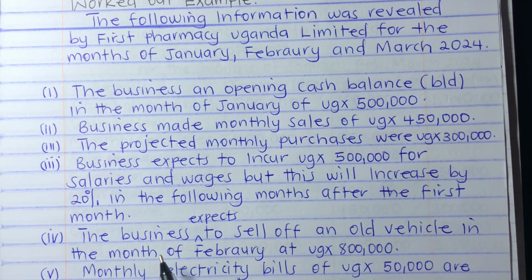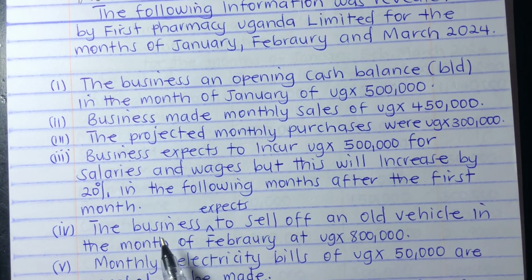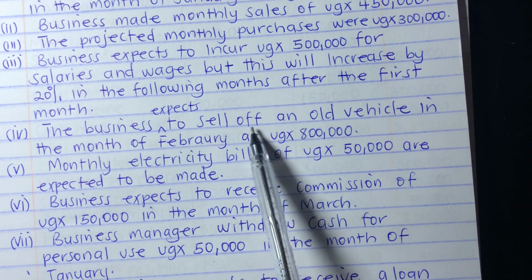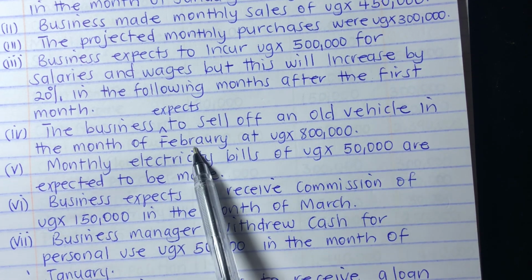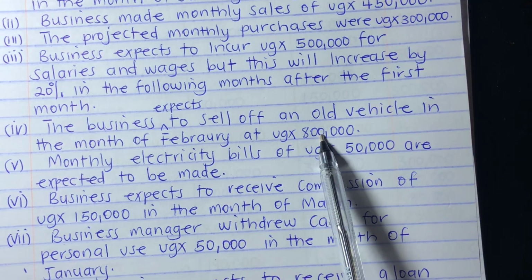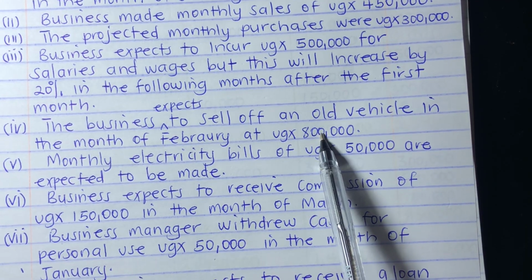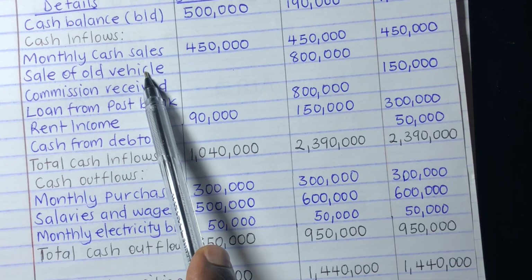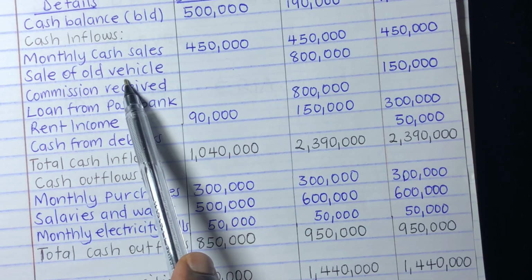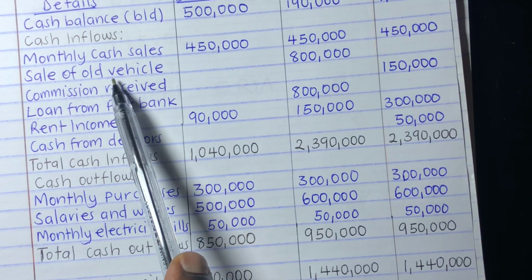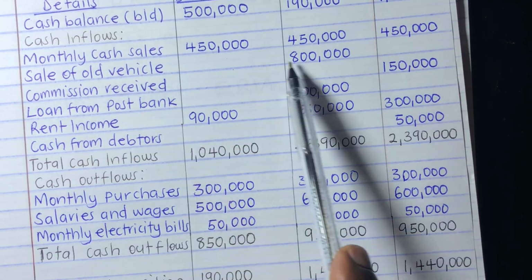Then we look at Roman 4. The business expects to sell an old vehicle in the month of February, UGX 800,000. Remember, I've said that under the cash inflows, sale of any business asset is a cash inflow. If a business sells off its, let's say, old vehicle, meaning it is going to earn money from the sale.